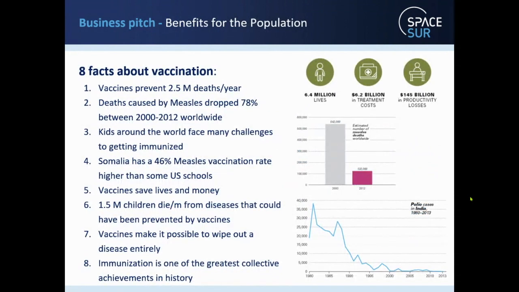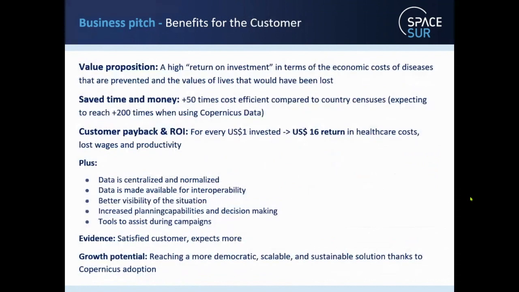We have different focuses for this process. One is the benefit for the population. Well, the numbers speak for themselves, but one of the most important is that the vaccine saves lives and money. But in particular, we need to get an important aspect of a solution in the market arena: there should be a return on investment for the customer.